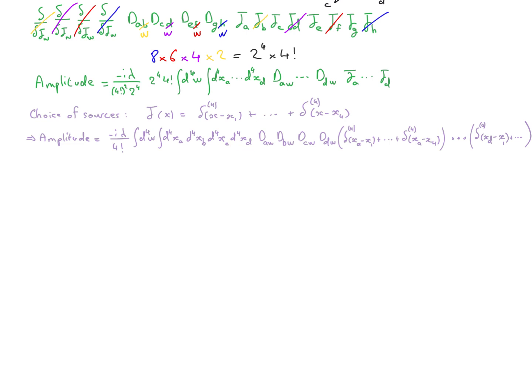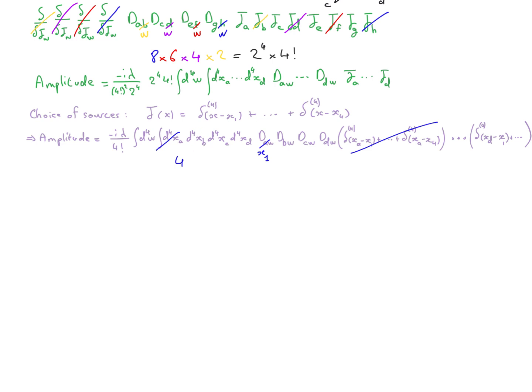However, again, not all possibilities are going to be physically associated with the amplitude we want to calculate. So let's start with xa. In that case, it doesn't matter which delta function kills the integral, so we have 4 possibilities which are going to be equivalent. For the second integral on xb, we expect to have again 4 possibilities.